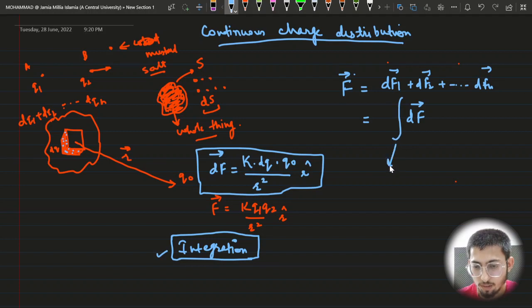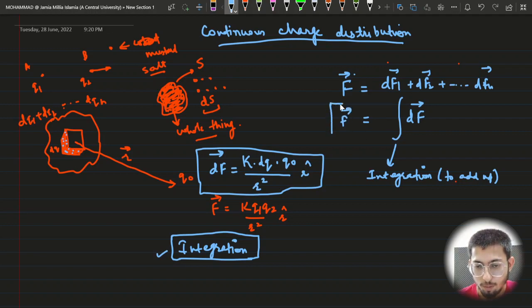This is called integration. Integration actually means to add up, to combine things. So this will be called F.